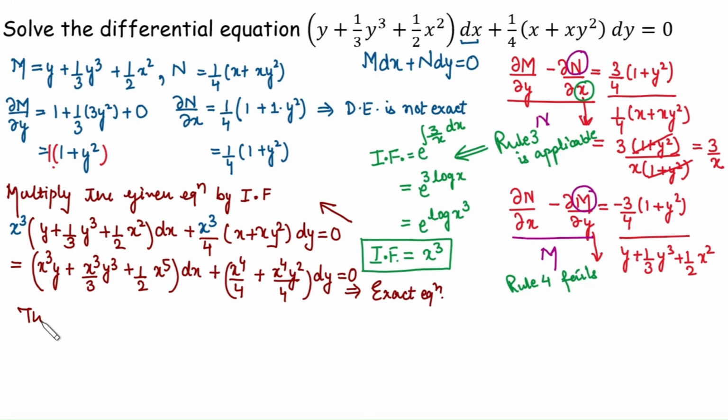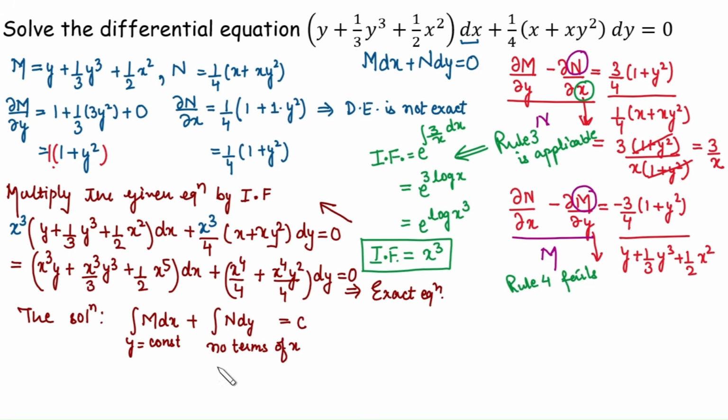The solution of an exact equation is written as integration of m with respect to x keeping y as a constant, plus integration of n with respect to y, provided no terms of x, is equal to constant.